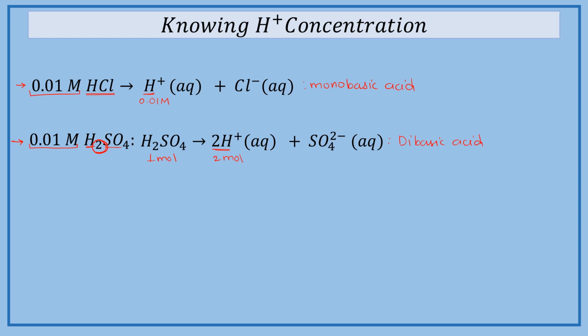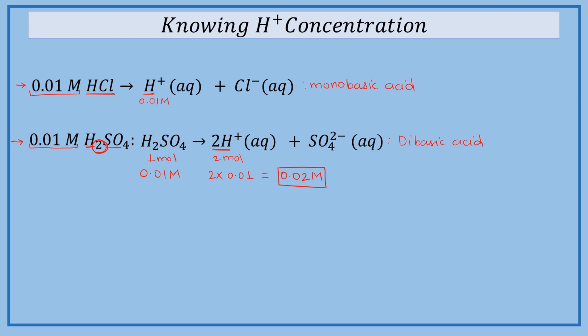Due to this fact, we are taking the concentration here as 0.01 molar, and the concentration of H plus will be 2 times the concentration of acid, that is 0.01 times 2, and it will be 0.02 molar. And we will take this concentration of H plus to perform further calculations.